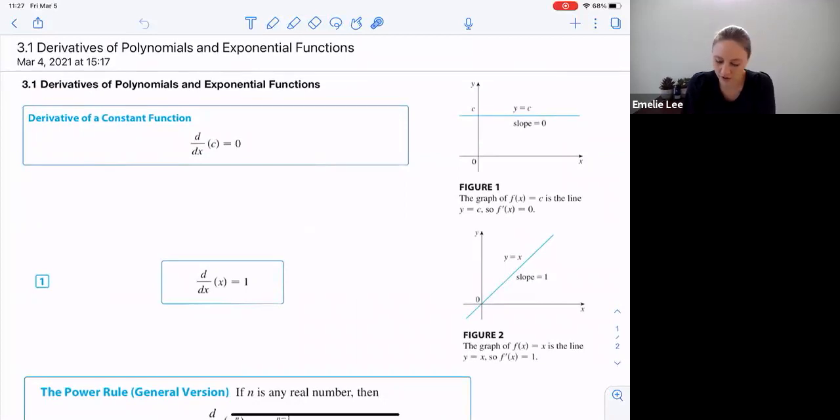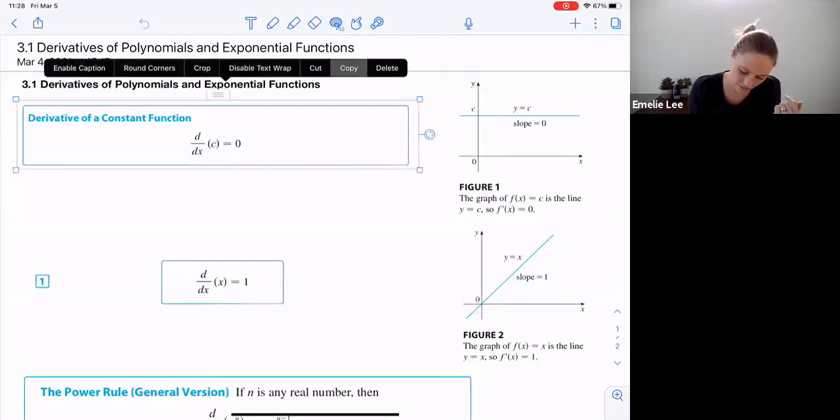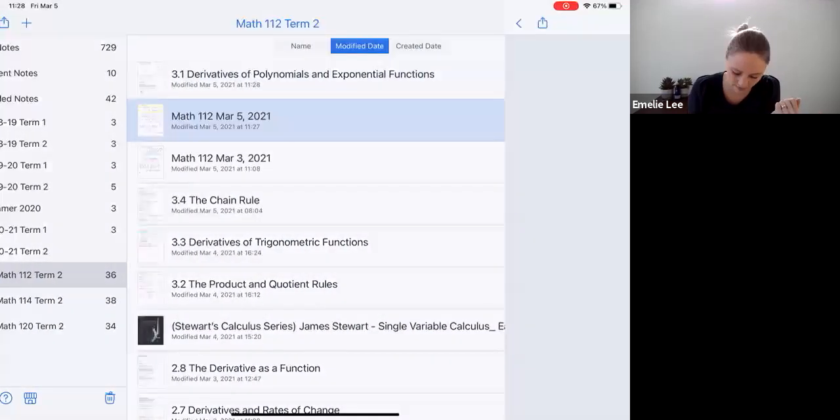Okay, the first one is actually exactly what we just established, right? We did argue that a constant has a slope of 0, and that's going to be true always. It doesn't matter what horizontal line you have, the slope of that thing will always be 0. So the derivative of a constant, and notice that we use the d dx notation, is 0.